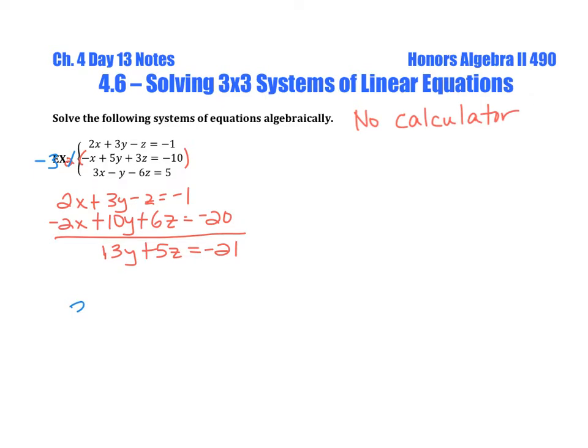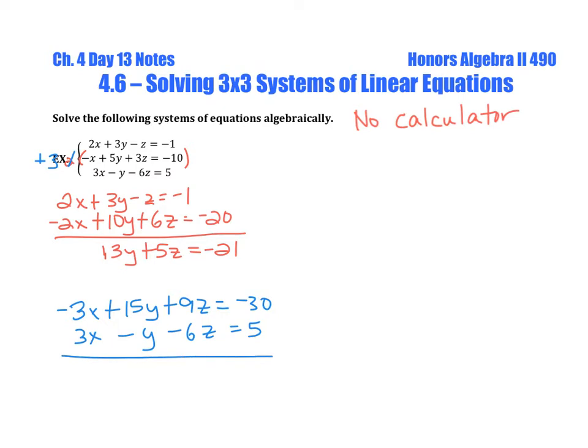I need to multiply by +3, not -3. When I do that, I will get -3x plus 15y plus 9z is equal to -30. And I'll copy down the third equation right below it just so we know which equation we're working with. Keep everything nice and organized. All right, when I add those equations together, indeed the x variable does go away.